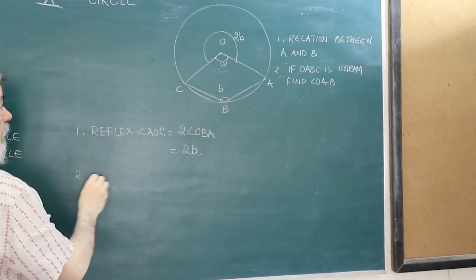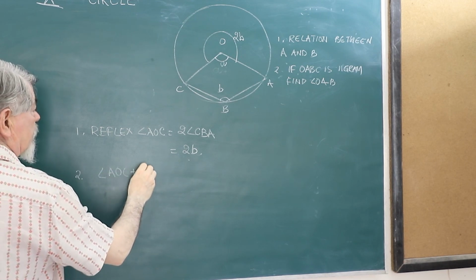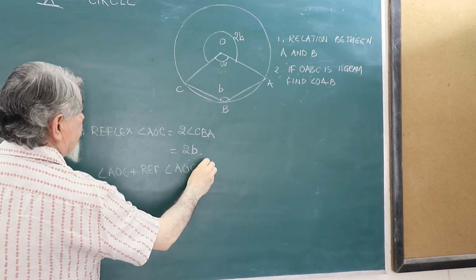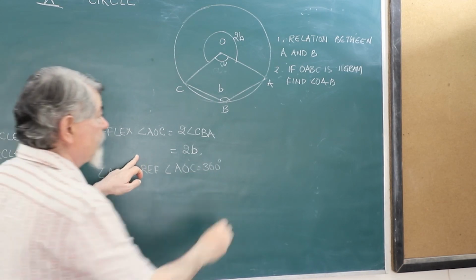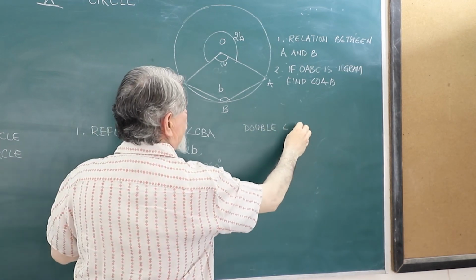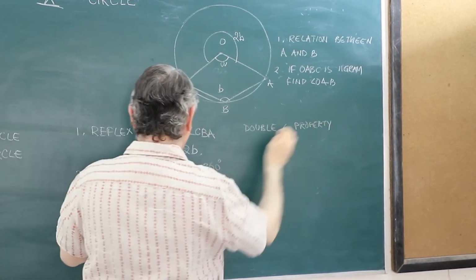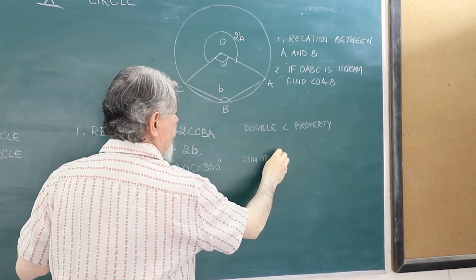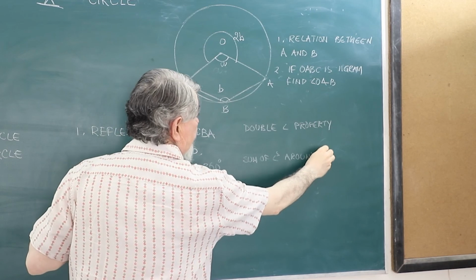Now, angle AOC plus reflex angle AOC should be equal to 360 degree, because of sum of angles around a point. The first was the double angle property, and this is the sum of angles around a point.